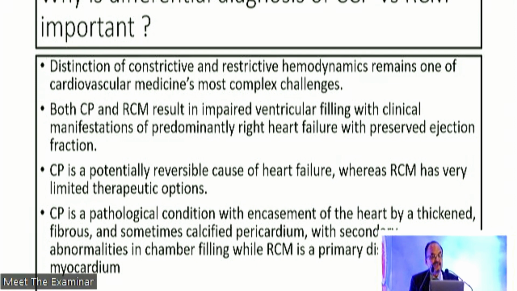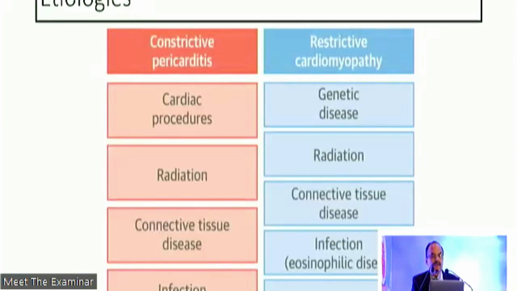This is mentioned in Braunwald's textbook. So in chronic constrictive pericarditis, there is a thickening of the pericardium, so creep never happens. It cannot happen because of the constriction itself. Whereas restrictive cardiomyopathy is a disease of the myocardium.